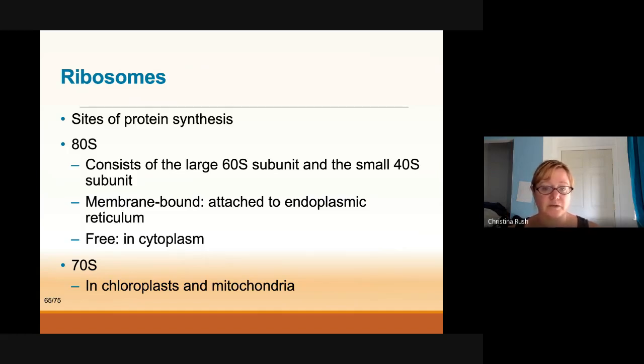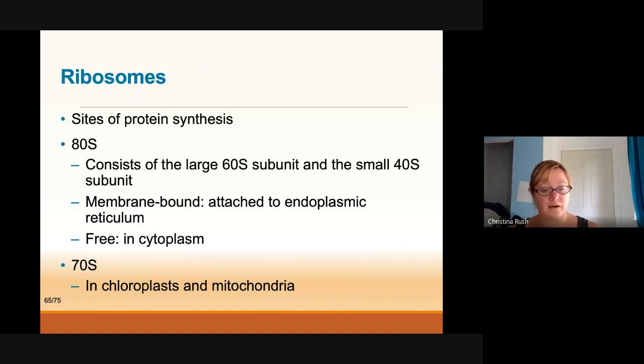The large subunit has a sedimentation rate of 60, and the small subunit has a sedimentation rate of 40. Ribosomes are membrane bound or free. When they're membrane bound, they'll be attached to an endoplasmic reticulum. When they're free, they will be free floating in the cytoplasm.